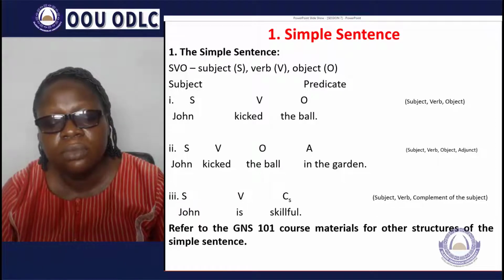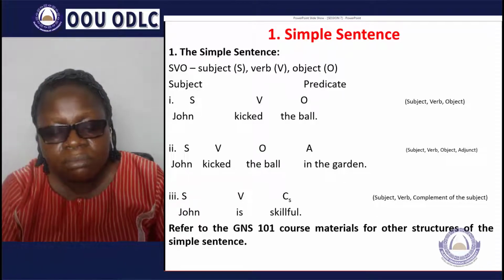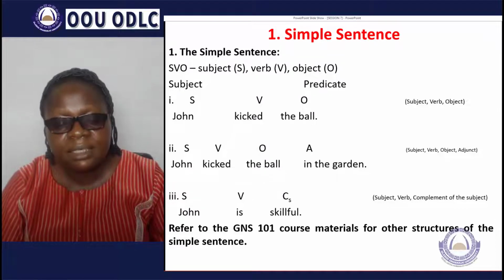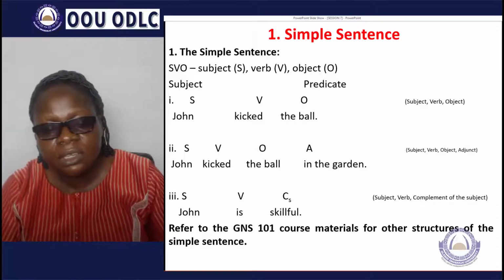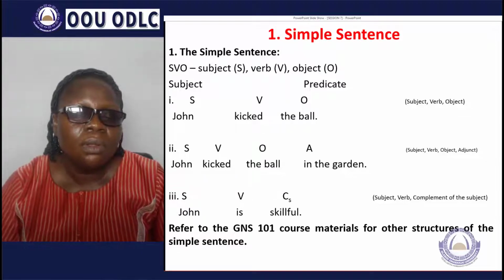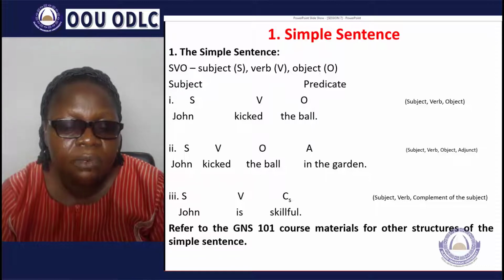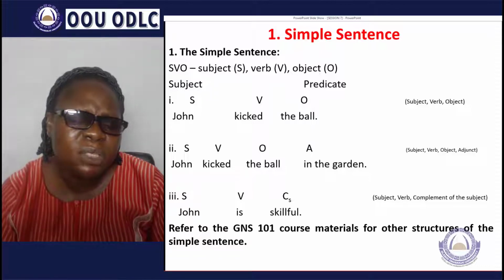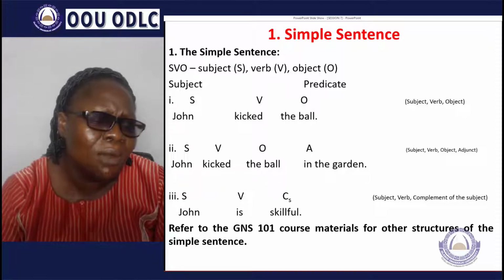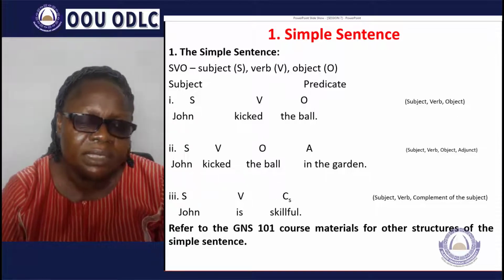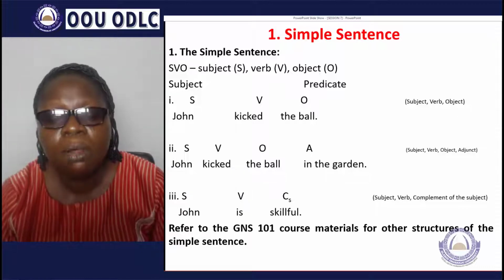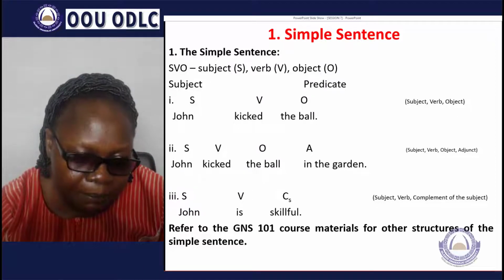About John. Who is skillful? John. Who is John? The one who is skillful. So the two words are related. So we refer to the word skillful here as a complement, helping to complete the understanding of the subject. So the word skillful is a subject complement or a complement of the subject.